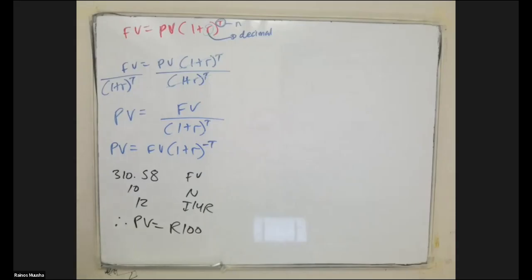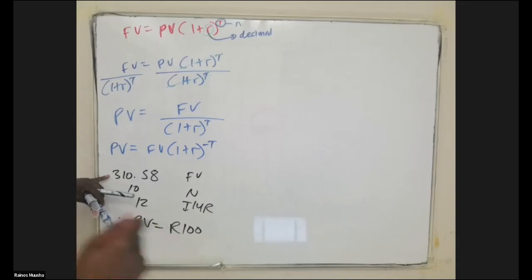The reason why that amount is coming out as negative is because if you invest 100,000 today, when you're investing money, it's a cash outflow. If you invest 100,000 today, for 10 years, earning 12% interest, you get back 310.58, which is a positive amount, because you're getting back that money that you've invested. So it's just confirming movements in cash flows.